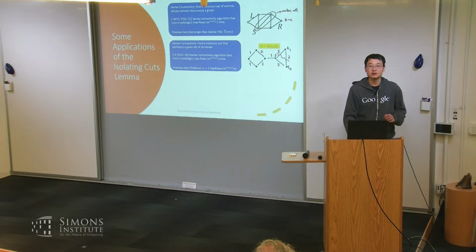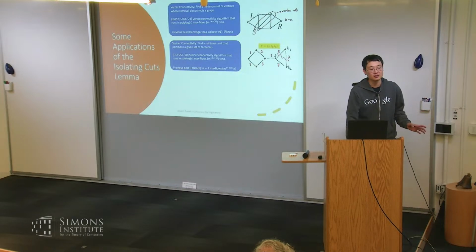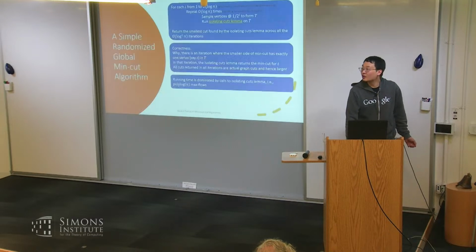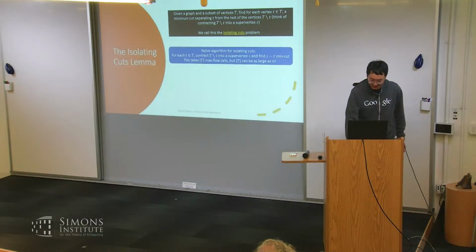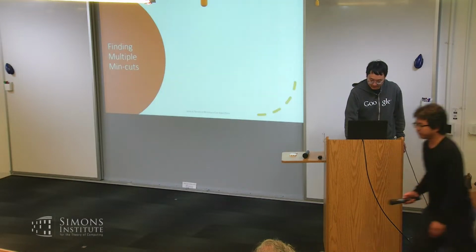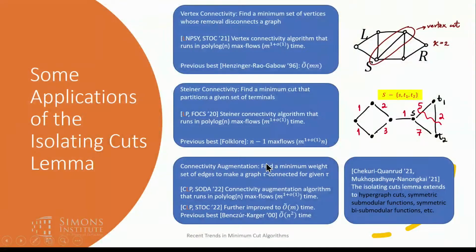They observed that more generally, for any symmetric submodular function, which includes hypergraph cuts, you can solve it in polylog max flows, or instead of max flows, some kind of symmetric submodular function minimization. Asymmetric function minimization. Oh, right, yes. Or what we just call submodular minimization. Right, so this result here extends that.